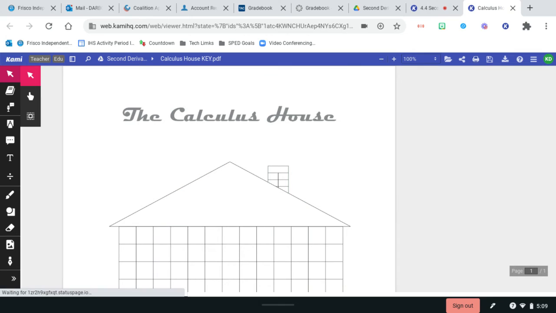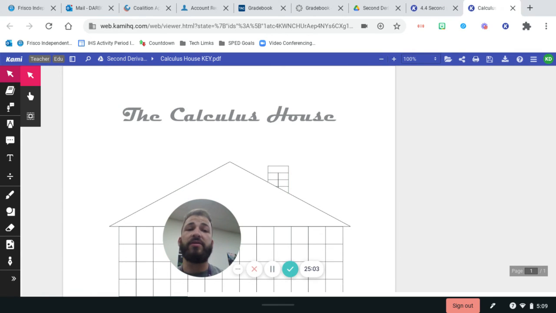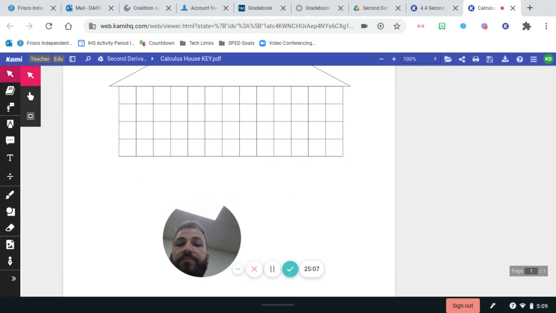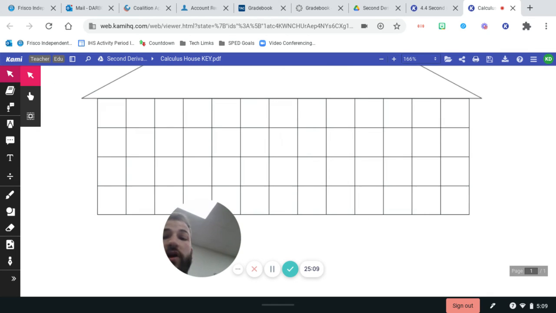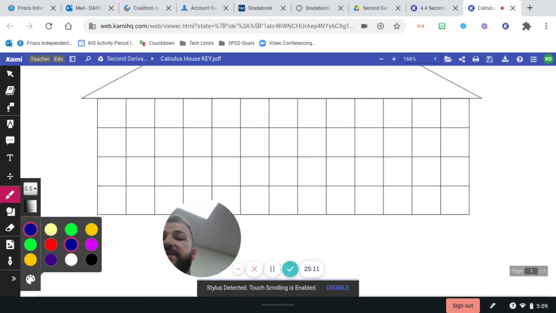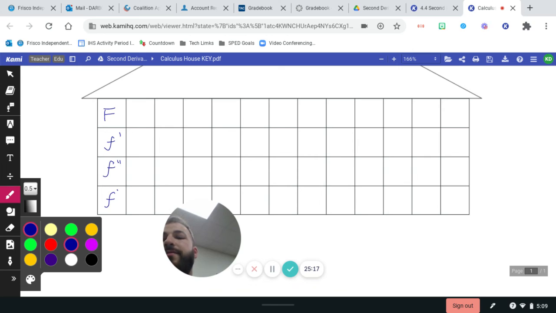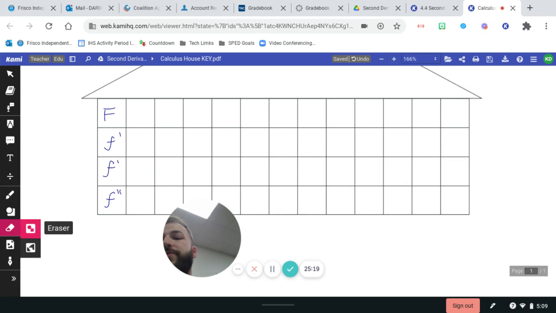Okay, we're going to fill out what's called the calculus house. This is the other notes page that I gave you. So here in the calculus house, okay, over on the far left, this is going to be capital F, F prime, F double prime.